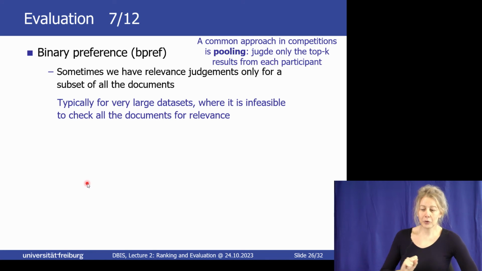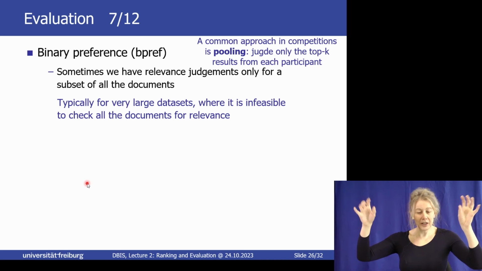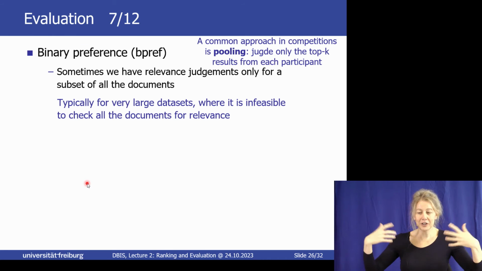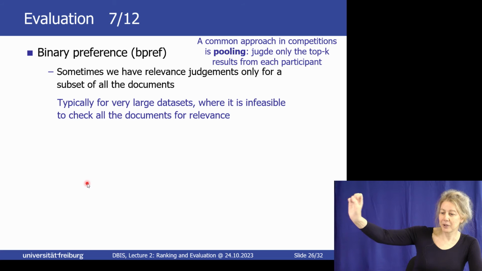So now what you do, you have participants in your competitions, and they have their search engines, and hopefully they are good search engines, and each of the search engines will give you results, maybe 100 results. And now maybe you have 10 people participating in your competition. You just look at their search engine and see which results they return.